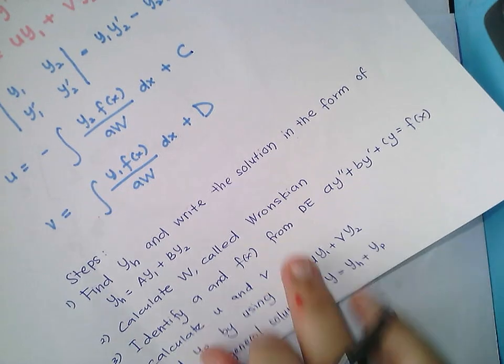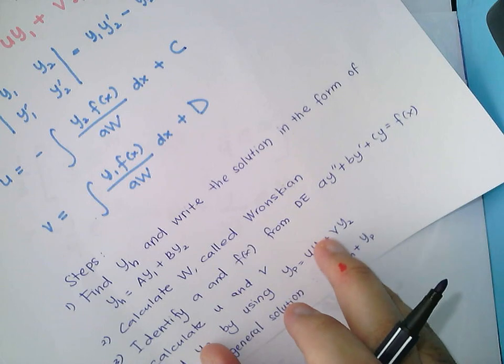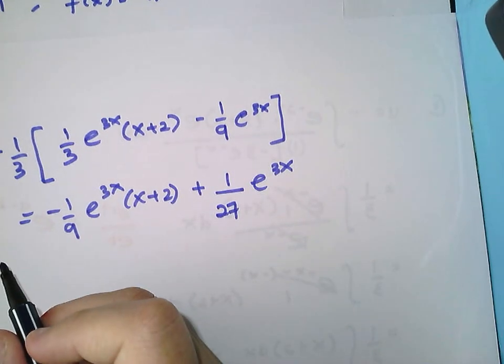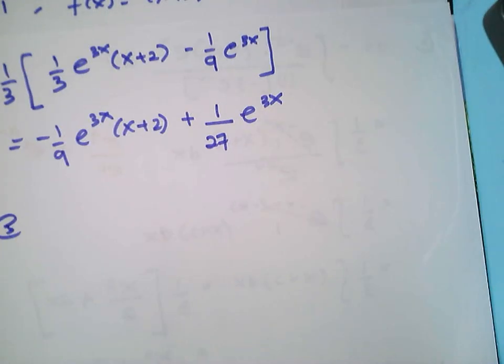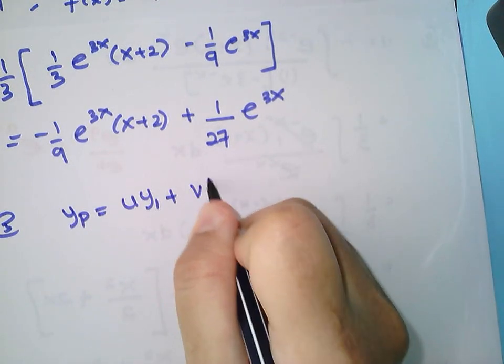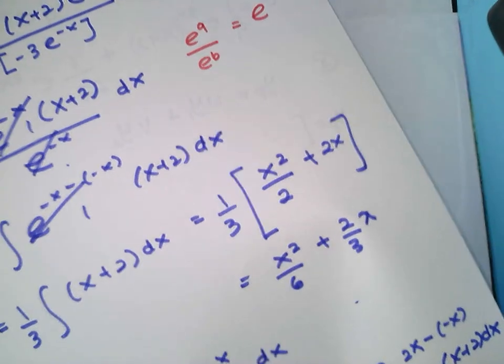Therefore, you can have your yp by using uy1 plus vy2, because you already have your u and v, and your y1 and y2 are based on your yh. So this is step 5. Your yp is equal to uy1 plus vy2. What is your u? Your u is x squared over 6 plus 2 over 3x.